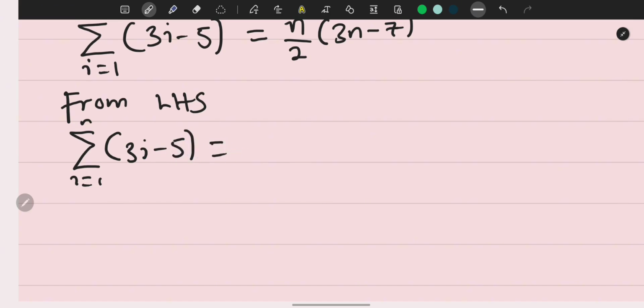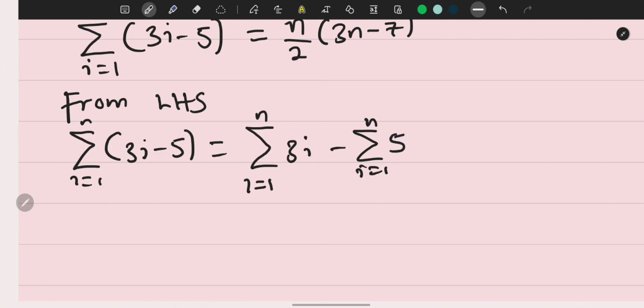Okay, so for you to solve this, you need to watch my previous video I did on this particular topic. I told you when you have something like this, the first thing to do is to split what you have here, and this can be written as the summation i equals 1 to n of 3i minus the summation i equals 1 to n of 5.